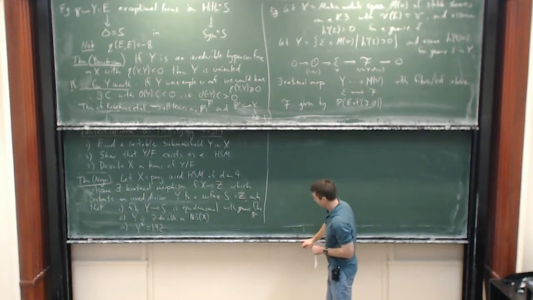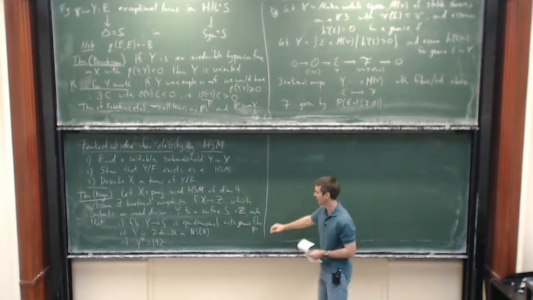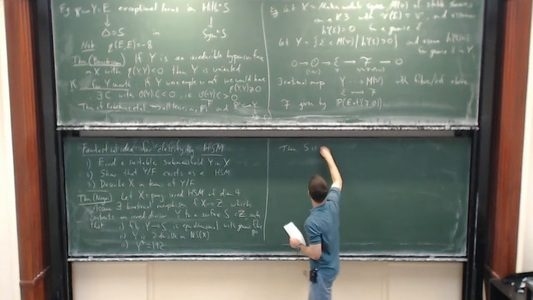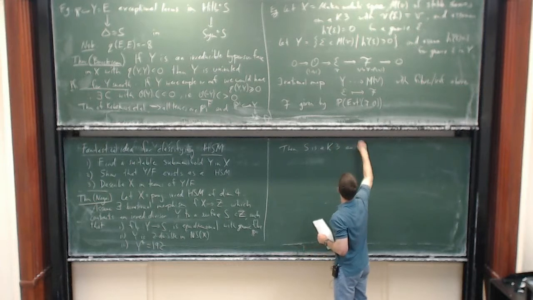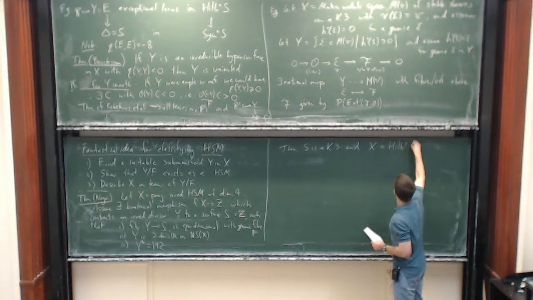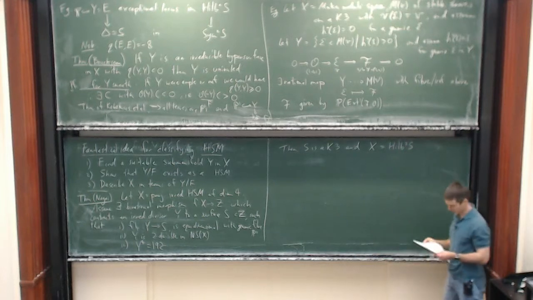So it can get fairly specific what you need, right? Then he says that S is a K3, and X is the Hilbert scheme of 2 points on S.